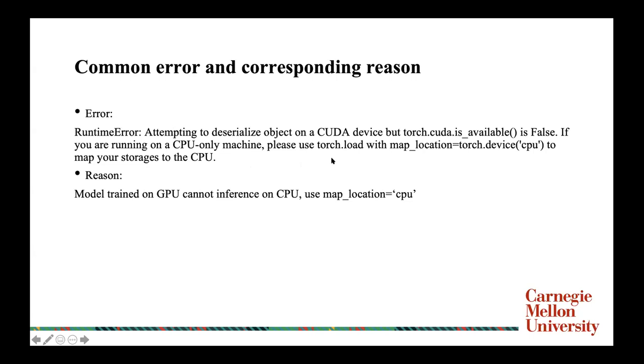This is the CUDA error which I illustrated at the beginning, and this means the model trained on GPU cannot run inference on the CPU. If you want to load your model, which is saved on GPU, you need to explicitly mention that the map location is CPU. You will also use it when you want to use a distributed data parallel.